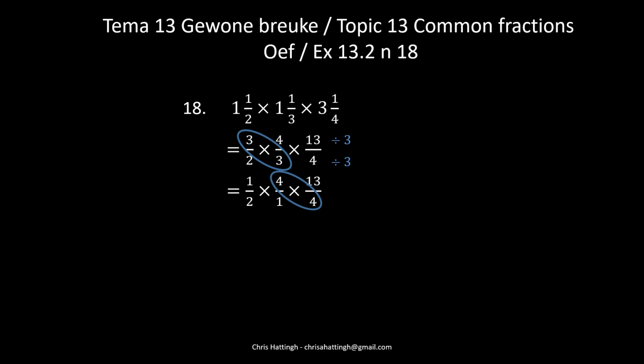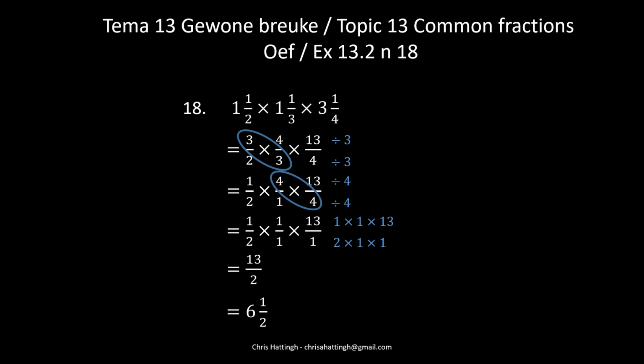If you want to simplify it, the 4s can cancel each other out, or if you divide by 4, you'll see that it equals 1. So 1 over 2 times 1 over 1 times 13 over 1. You can't simplify any further. So you're going to say 1 times 13 gives you 13, and 2 times 1 gives you 2. You just need to convert it back to a mixed number. So the final answer will be 6 and a half.